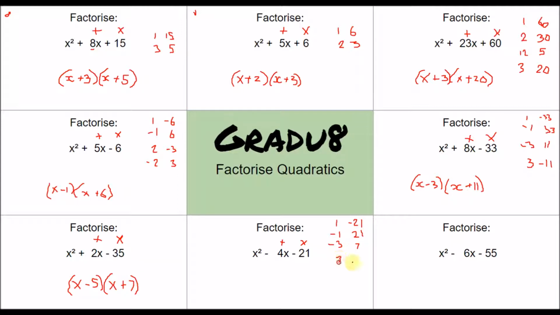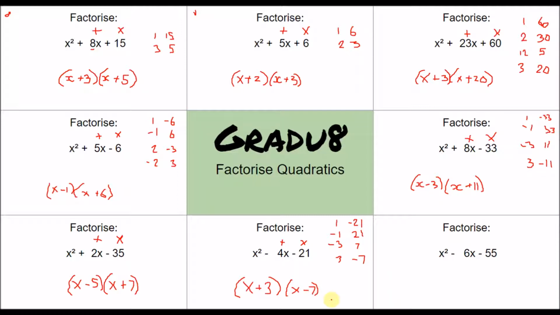And you've got 3 and minus 7. You're looking at which one of these pairs adds together to make minus 4. This is going to make minus 20. This is going to make 20. This would make positive 4. And finally, this one is going to make negative 4. So you're going to have in brackets x plus 3 and then x minus 7.